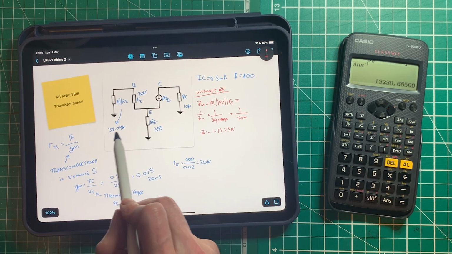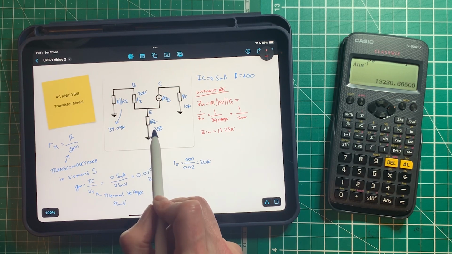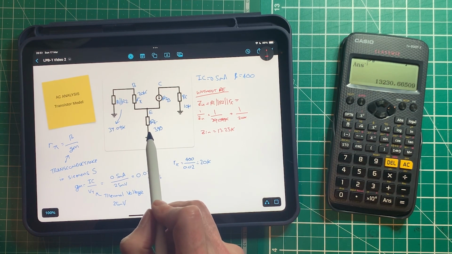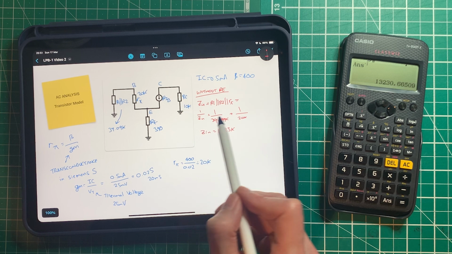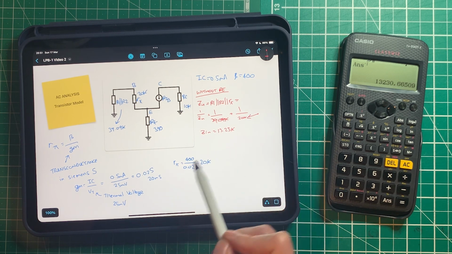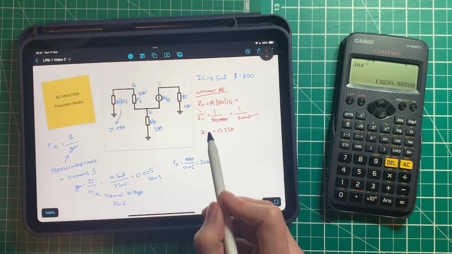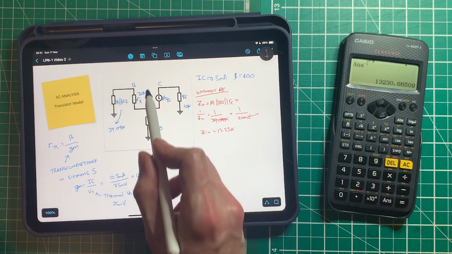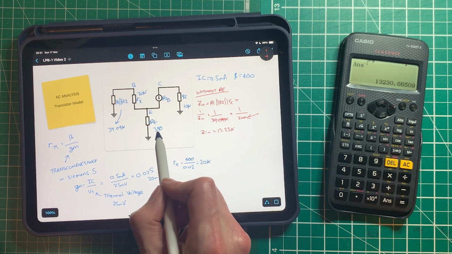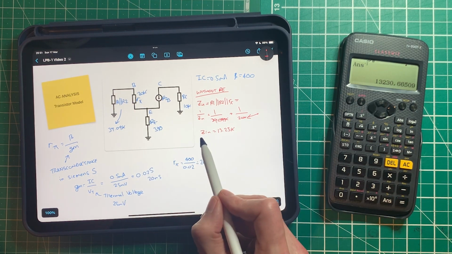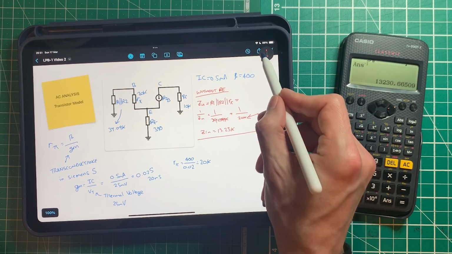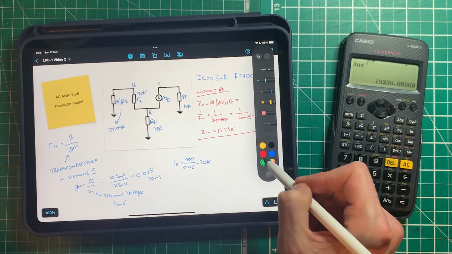Now the way around that is to introduce an emitter degeneration resistor here, and it will increase our Z in. Well, it won't increase R pi, but it will increase the resistance of that in combination with R pi greatly. So let me just change color again.